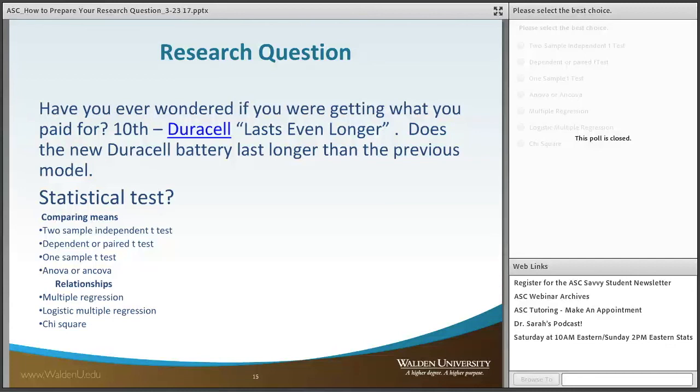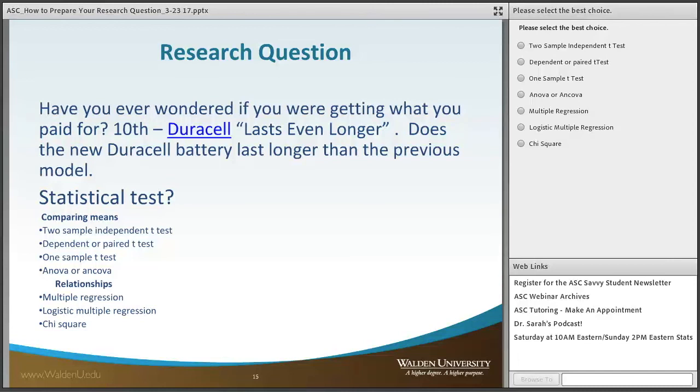And once again, back to what I like to call quality control. Have you ever wondered if you're getting what you paid for? The 10th Duracell lasts even longer battery. Does the new Duracell battery last longer than the previous model? So again, we're comparing, and we're comparing time.